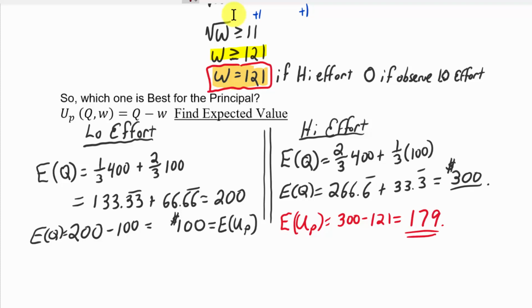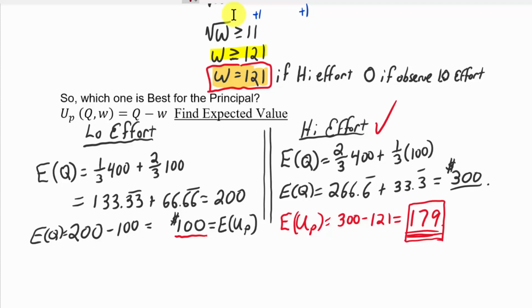So now we know which is the effort level we want out of this agent. Do we want to pay them to provide low effort, in which case we'd earn 100, or do we want to pay them to provide high effort, in which case we would get an expected profit of 179? Of course, we would want to go with the high effort here.